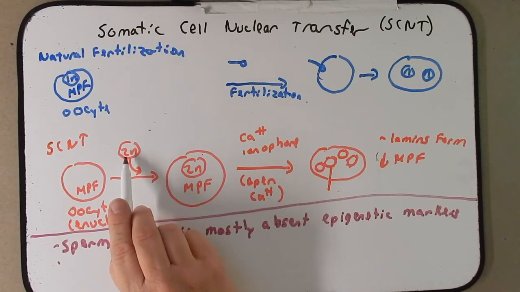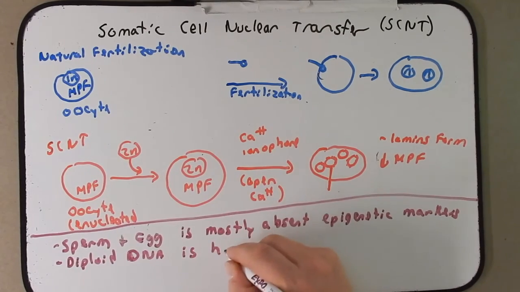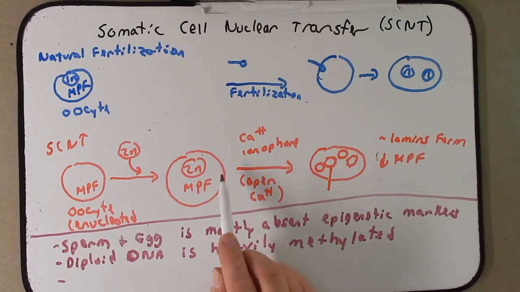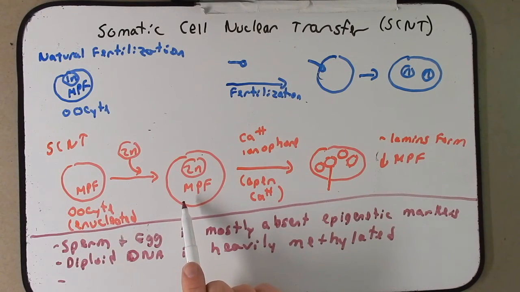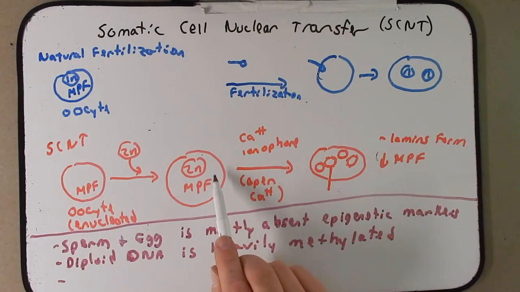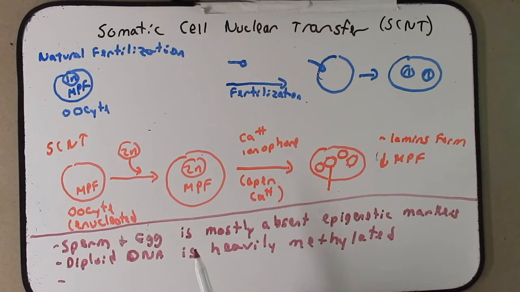This diploid DNA from the epithelial cell, or from any cell, is heavily methylated. So in some ways you can think of this heavily methylated DNA in this nucleus as being a foreign invader, that the oocyte isn't expecting. You wouldn't necessarily think it would know what to do with it.